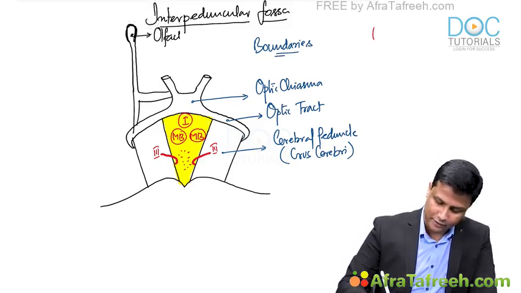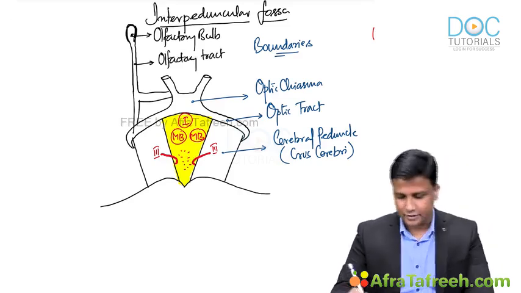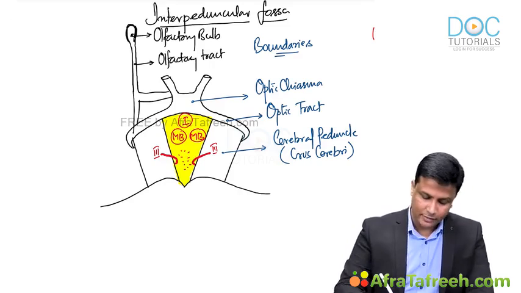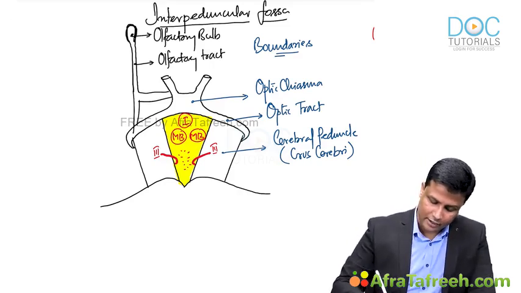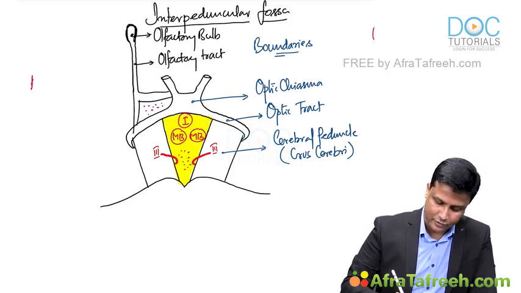This is the olfactory bulb. The olfactory bulb will continue as the olfactory tract, and that olfactory tract is splitting there. Now here you will be able to appreciate the anterior perforated substance. So let me just write down here, the anterior perforated substance.